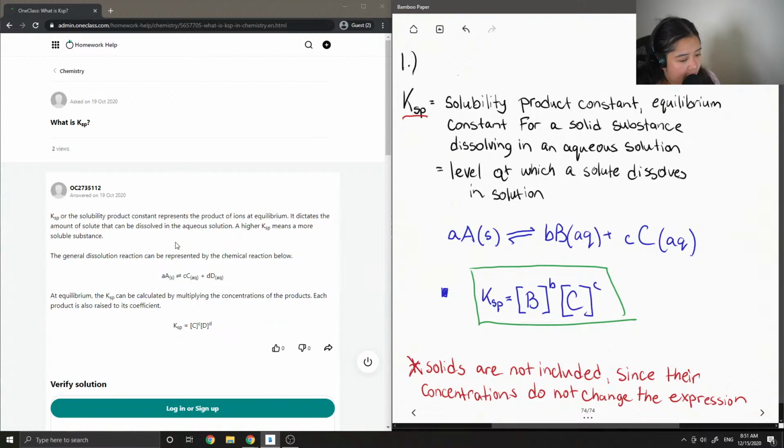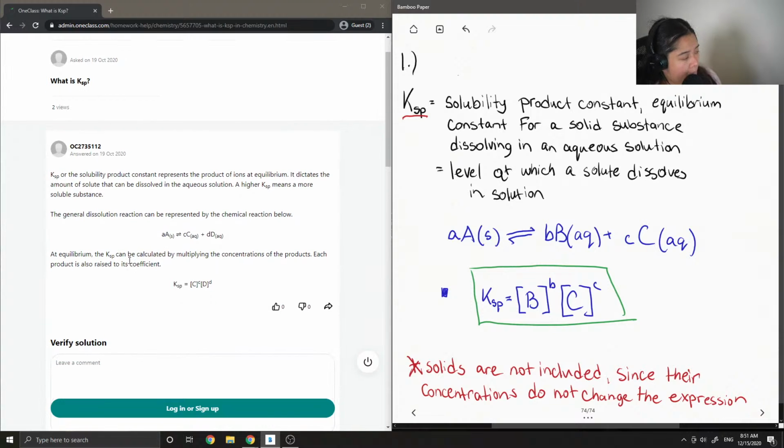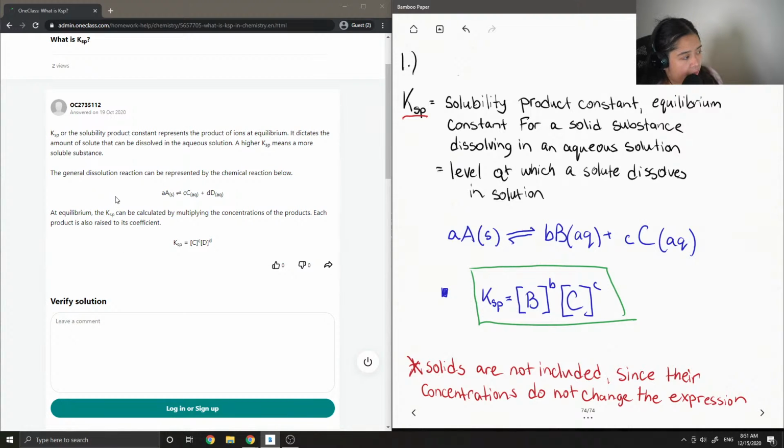Okay, so let's see what the junior tutor said. KSP, or the solubility product constant, represents the product of ions at equilibrium. It dictates the amount of solute that can be dissolved in the aqueous solution. A higher KSP means a more soluble substance.